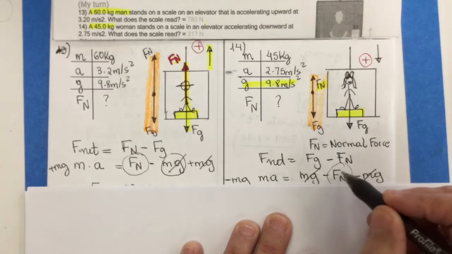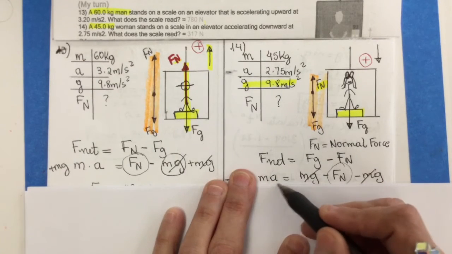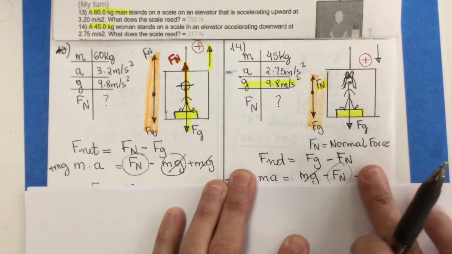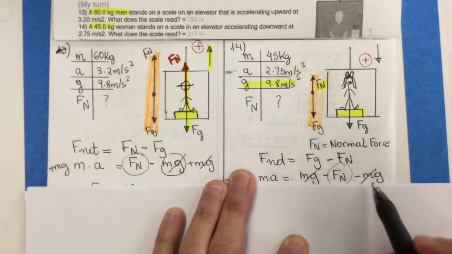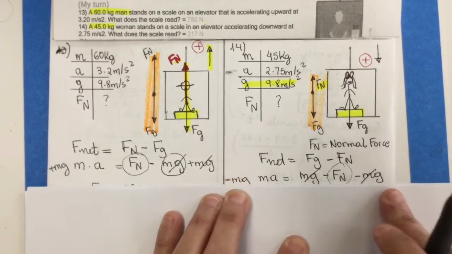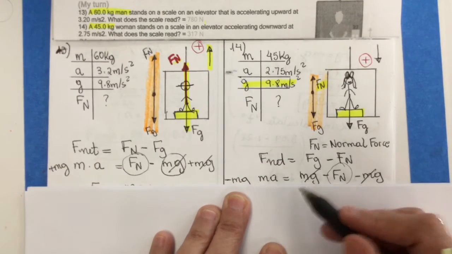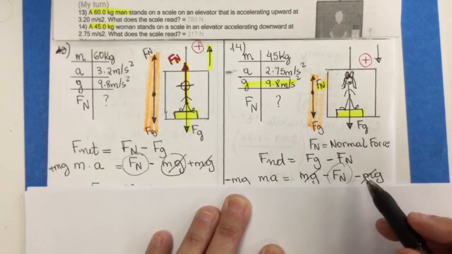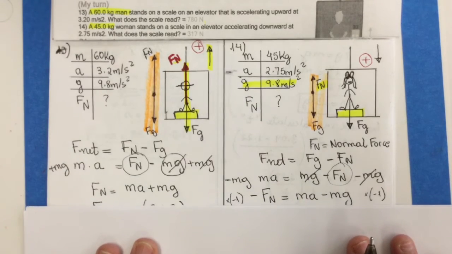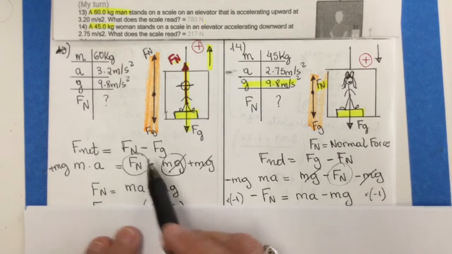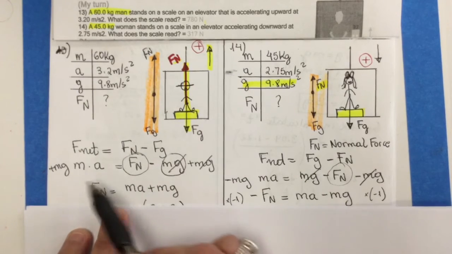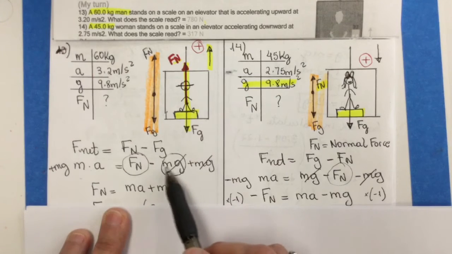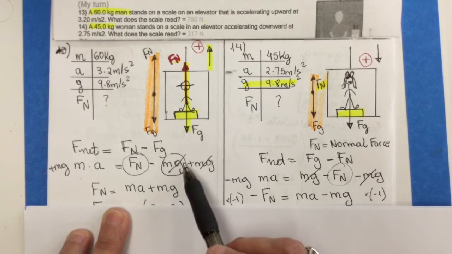This is what we want to calculate, Fnet is ma, Fg is mg, and Fn is what we want to solve. Now we need to eliminate mg by subtracting mg from both sides, so it cancels out. Now on this side, nothing else is left.